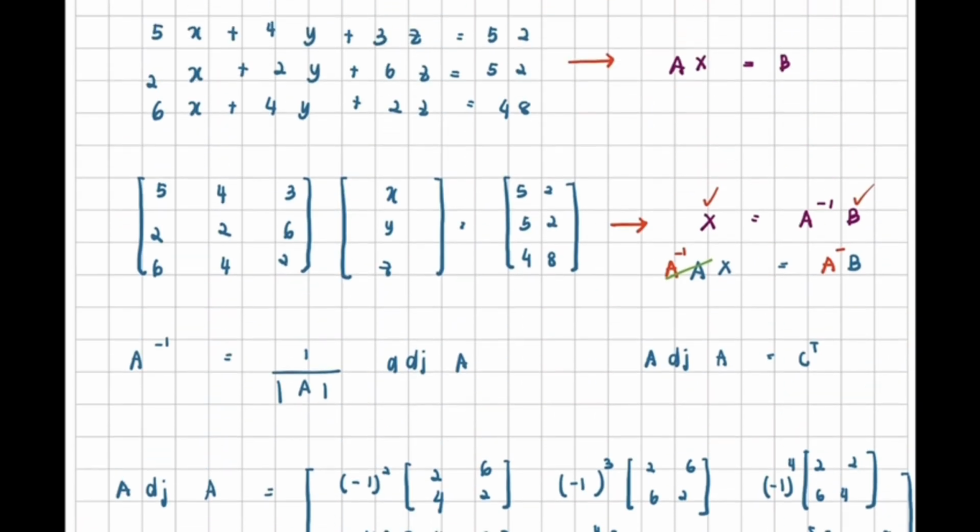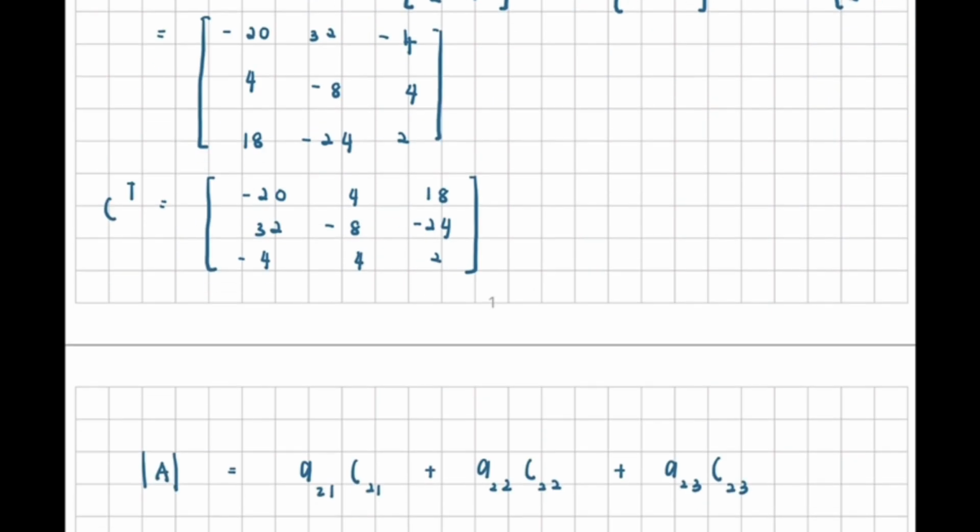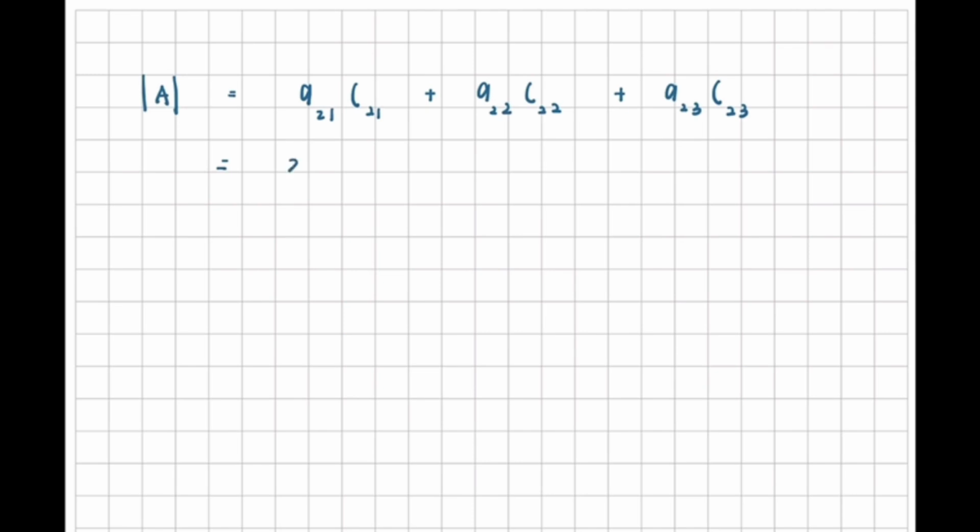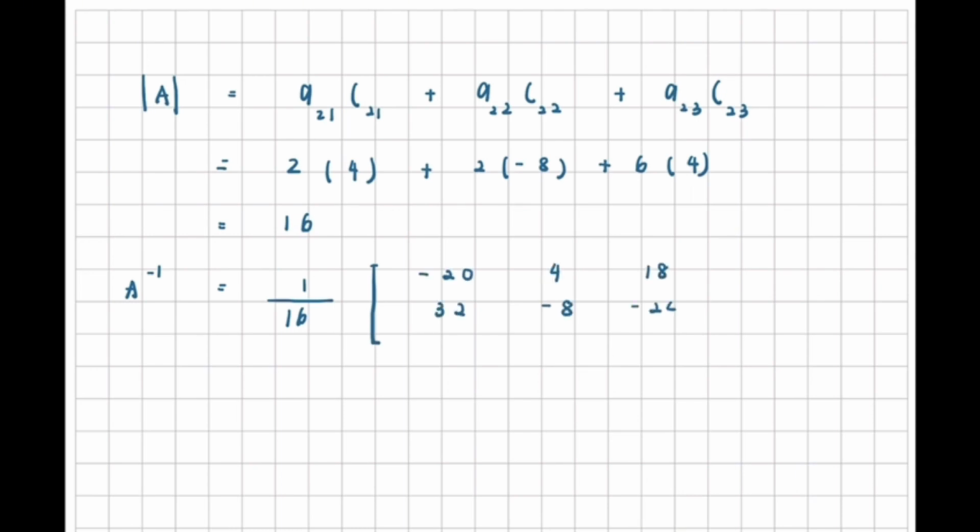So now we want to find the value of magnitude A following the formula A21 C21 plus A22 C22 plus A23 C23. From this question, we will get the value of A is 2, 2, 6 and C is 4, -8 and 4. So we'll have 2 times 4 plus 2 times -8 plus 6 times 4 equal to 16. So after we have found all the values, we will insert the values in the A inverse formula.